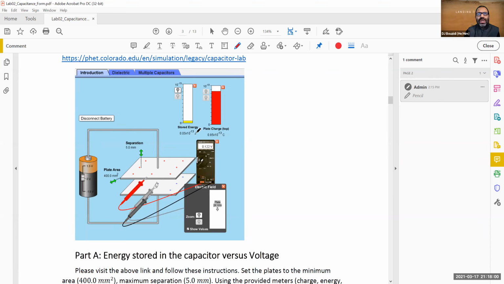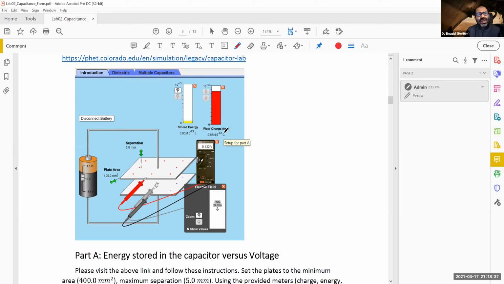You're going to have the stored energy on the order of 10 to the negative 13. So this is a very, very tiny energy, of the order of a femtojoule. The same thing goes for the charge in coulombs. So this is of the order of, what, 0.085 picocoulombs.